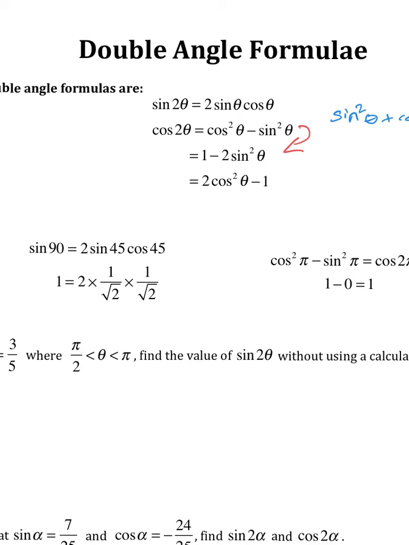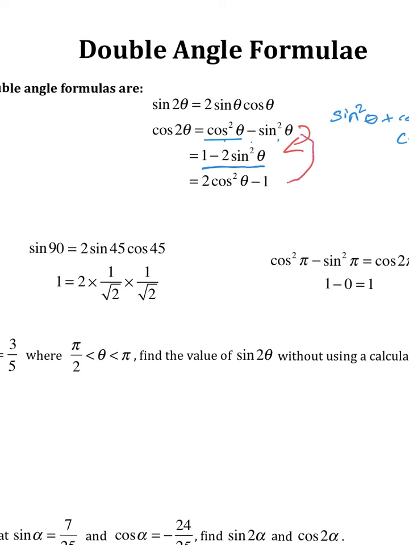So to get to this one here, we're substituting cos squared theta equals 1 minus sine squared theta. By putting that expression into there, we get 1 minus sine squared theta minus another sine squared theta. So that's why it's 1 minus 2 sine squared theta.